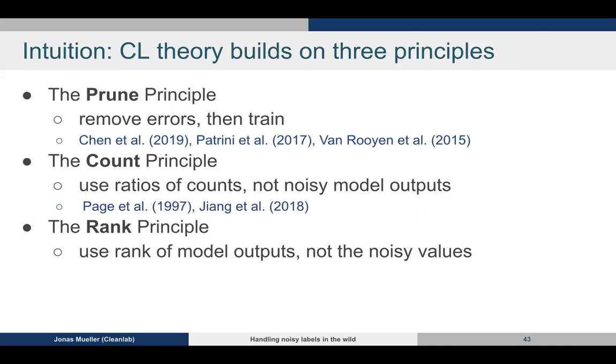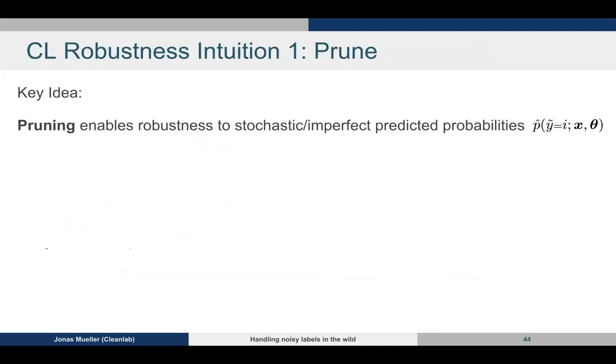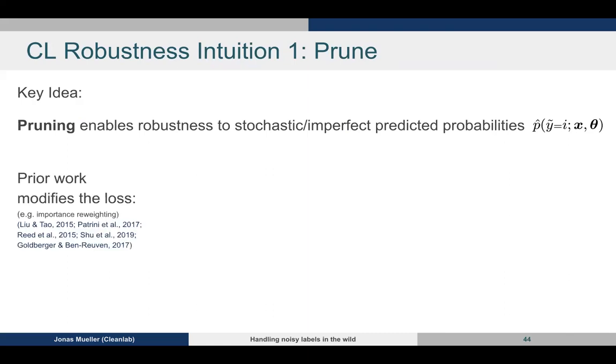So here, nothing is really being done in the continuous world of predicted class probabilities, except at the very beginning, comparing the predicted class probabilities against those class thresholds. What this really allows us to do is be much more robust against imperfect predicted probabilities.